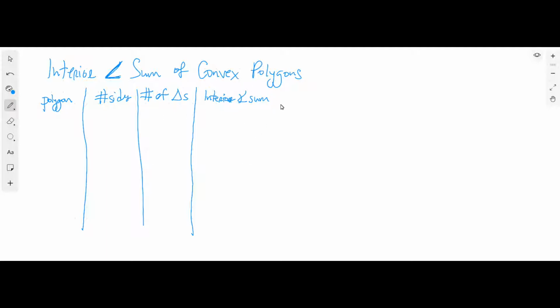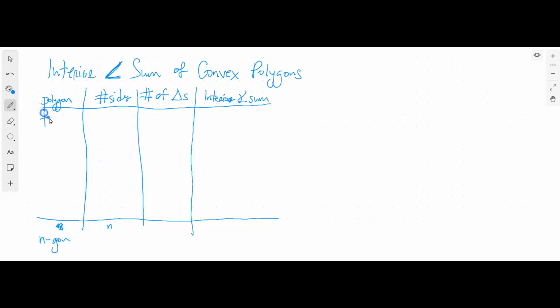Okay, and we'll talk about how we can use this to make a formula in a little bit. So we're going to come down to doing basically n number of sides. Oh, I should actually put this right here, n, and we call that an n-gon.